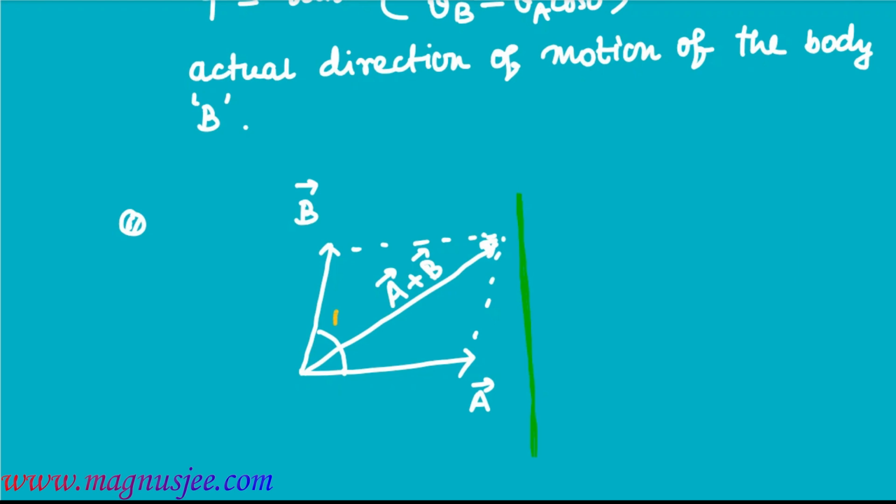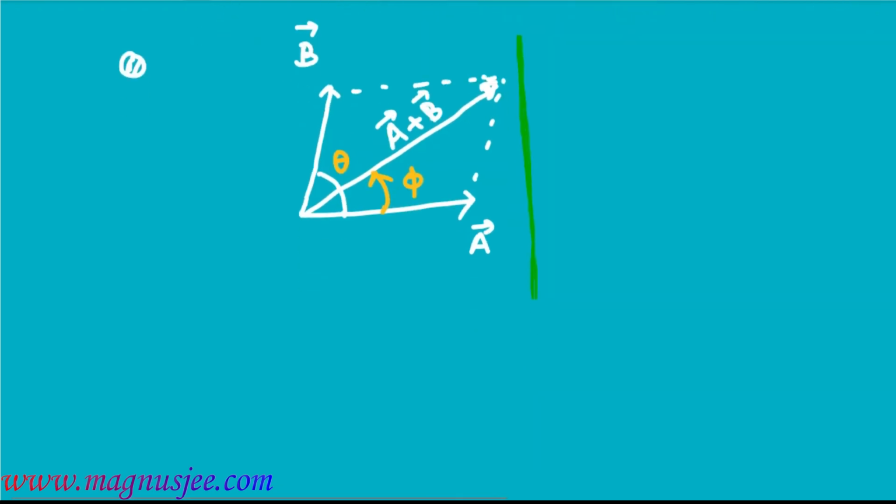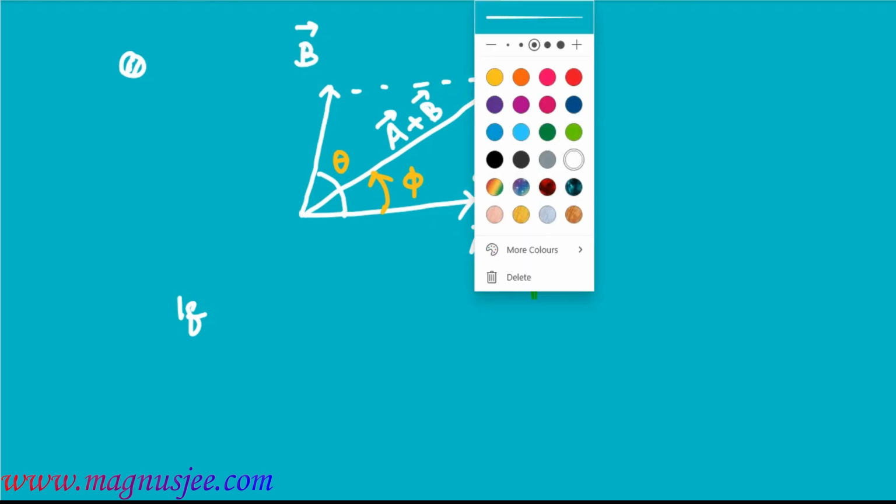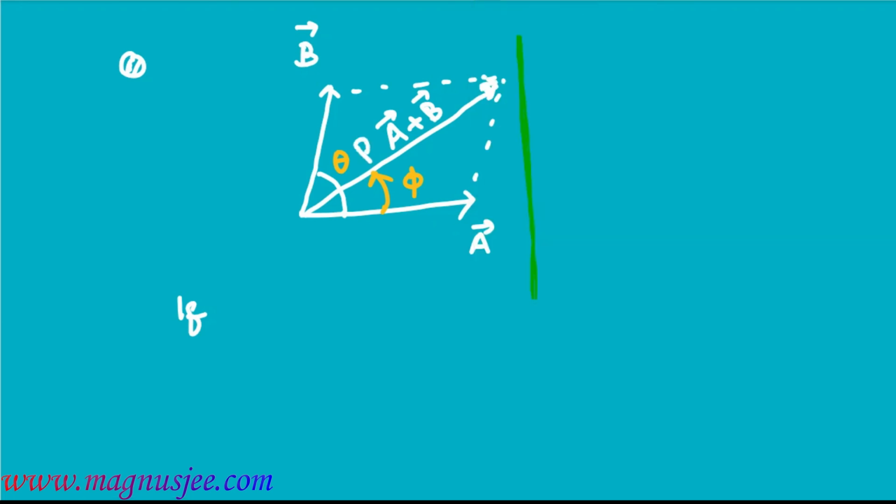The angle between vector A and vector B is theta. Vector A plus vector B acts at an angle phi with vector A. So this is vector R equal to vector A plus vector B.